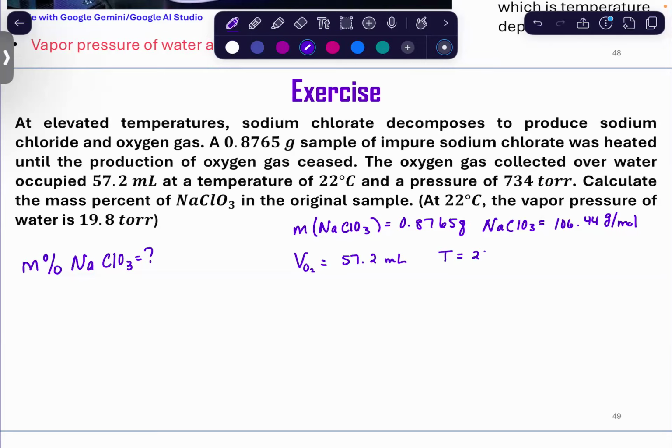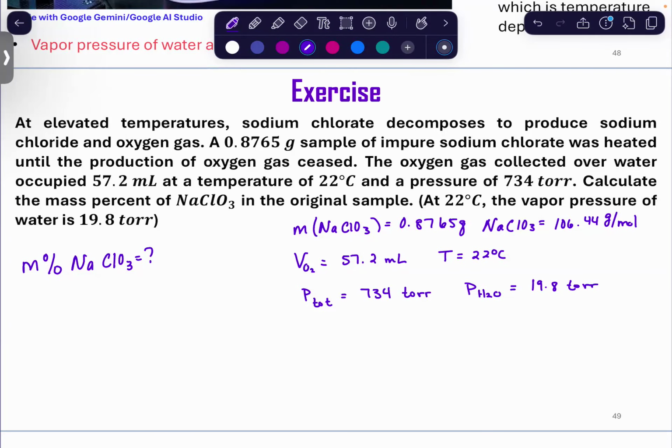Temperature, 22 Celsius. The pressure you're given is the total pressure of the system, and that's 734 torr. The vapor pressure of H2O is 19.8 torr.